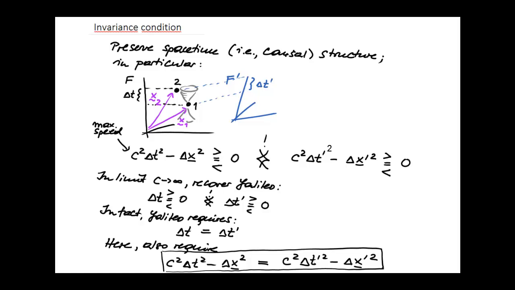Of course, what's contained in this requirement is that this maximum speed of information transfer is the same in all reference frames. Let me denote this explicitly, that this maximum speed is the same in F prime, and in fact in all reference frames.